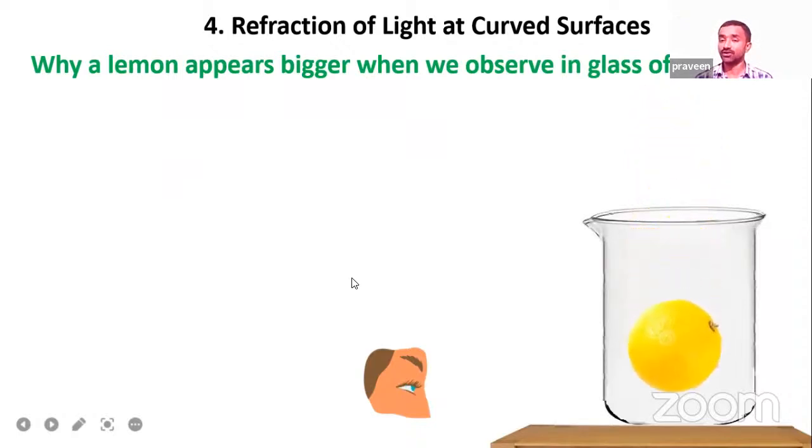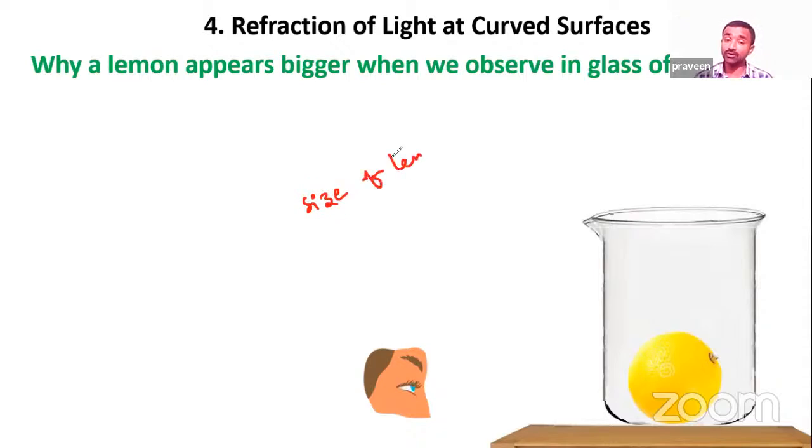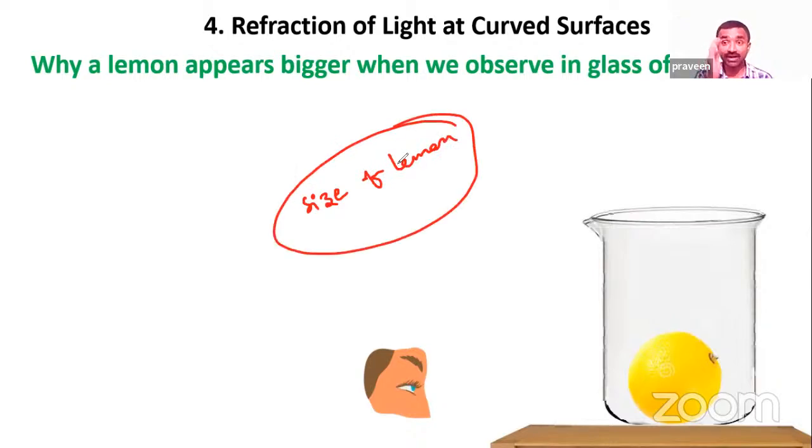When the lemon is observed in the glass without water, you get an idea about the size of the lemon. Keep this in your mind, then simply add water into the beaker or glass.